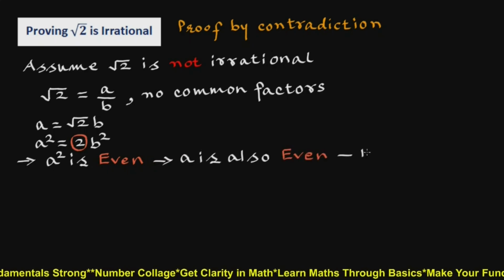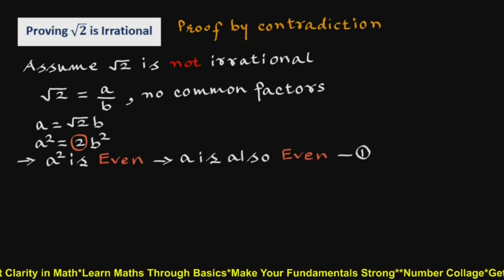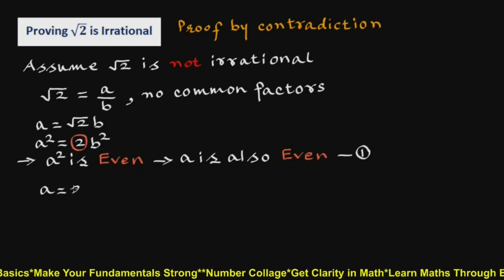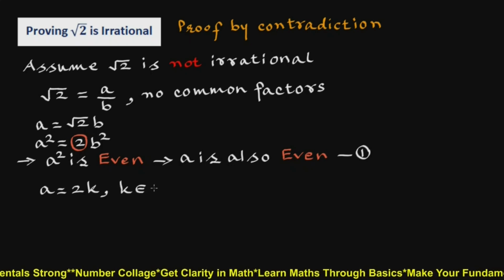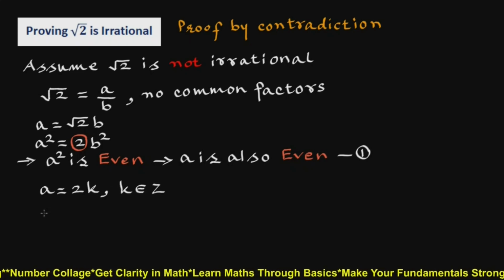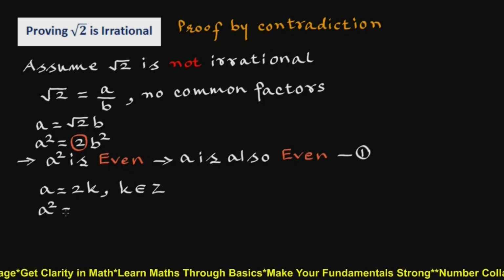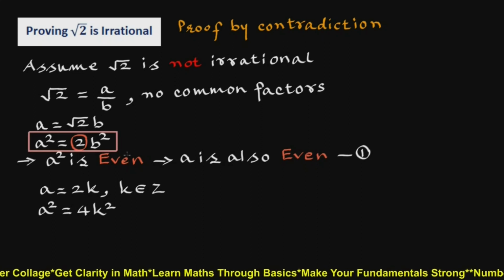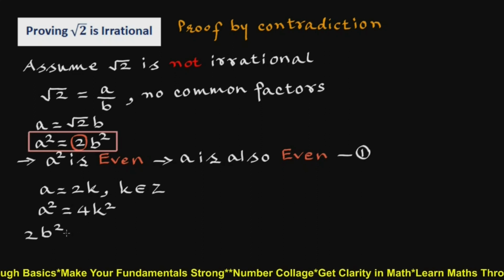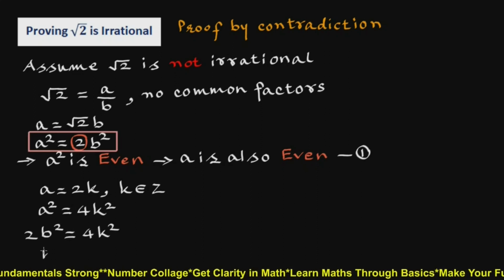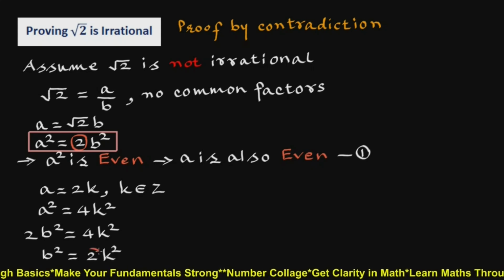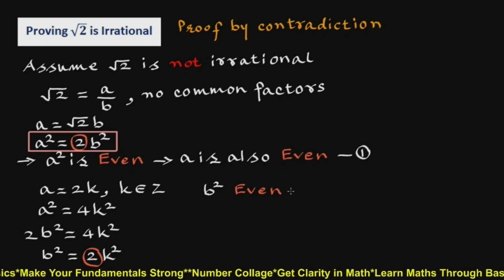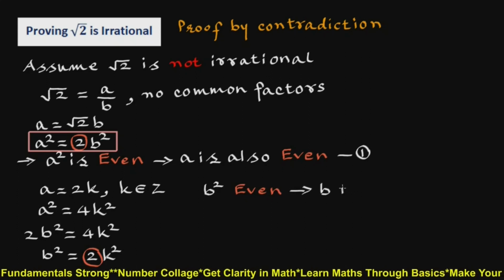We name this 1. Now since a is even, we write it as a equals 2k, where k is some other integer. Squaring, we get a square equals 4k square. Since a square is 2b square, we write 2b square equals 4k square, b square equals 2k square. This 2 makes b square even. By rule, this implies b is also even.